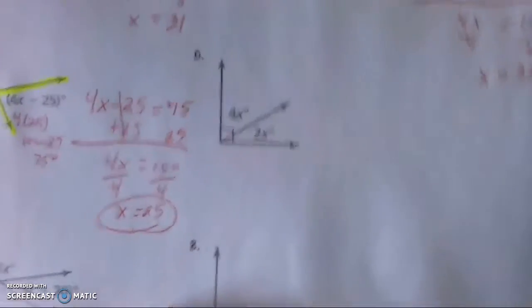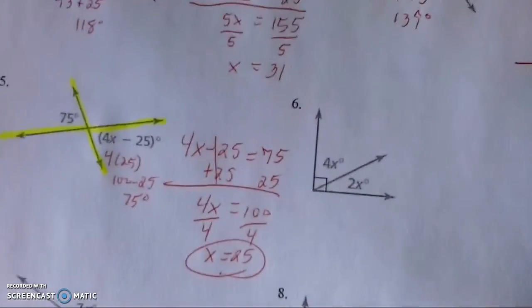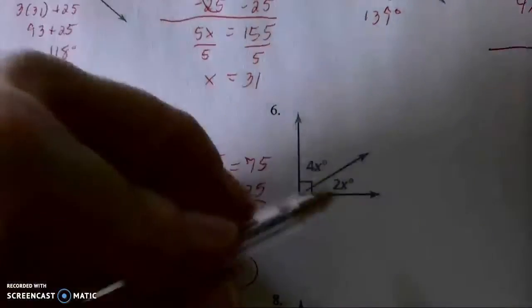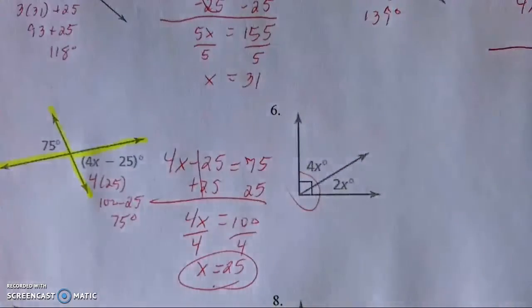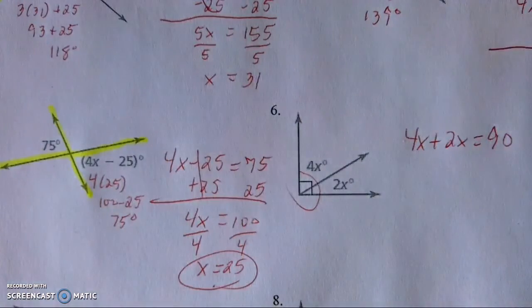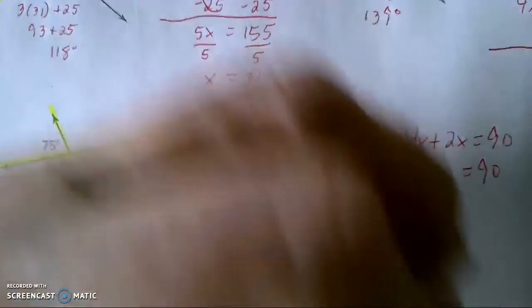All right, number 6. Number 6, again, see your little right angle, so that tells you that that's 90 degrees. 4x plus 2x equals 90. I don't have any constants here, so 4x plus 2x is 6x equals 90. Divide both sides by 6.